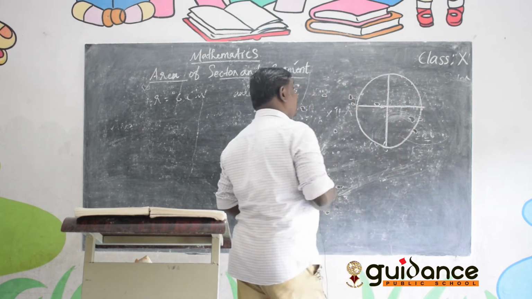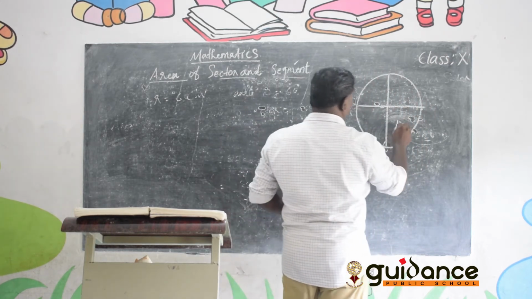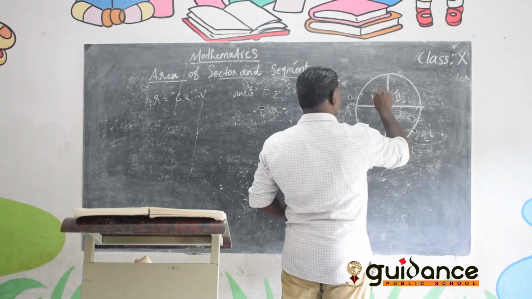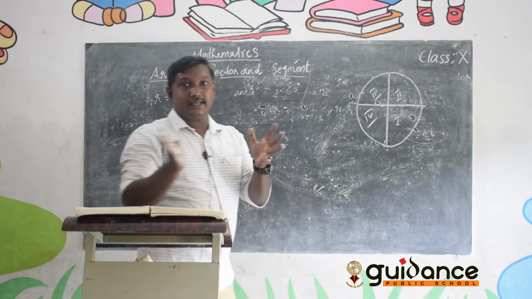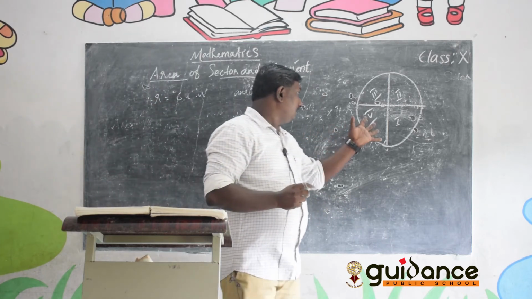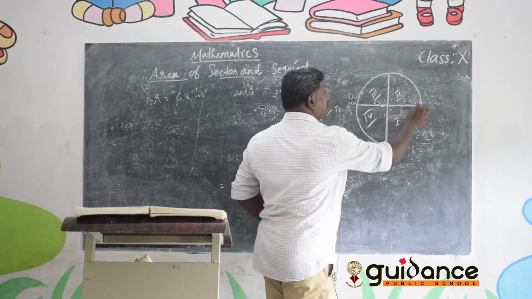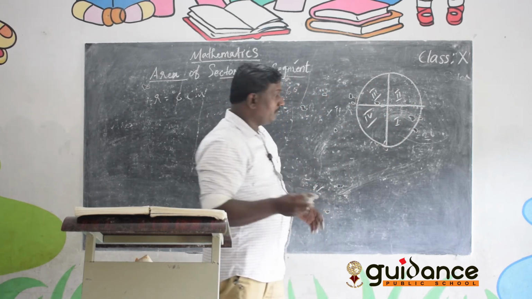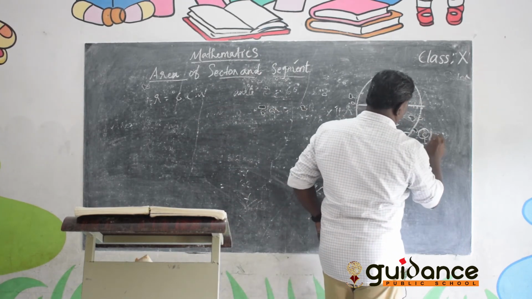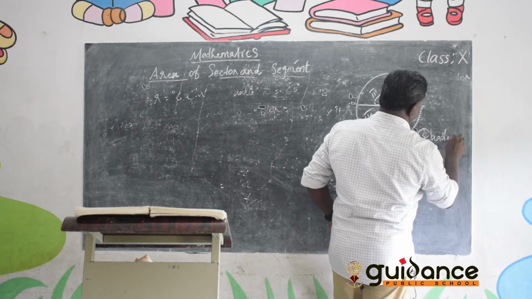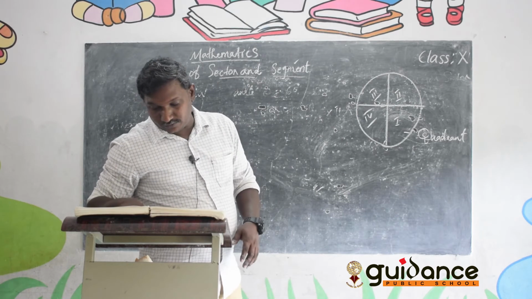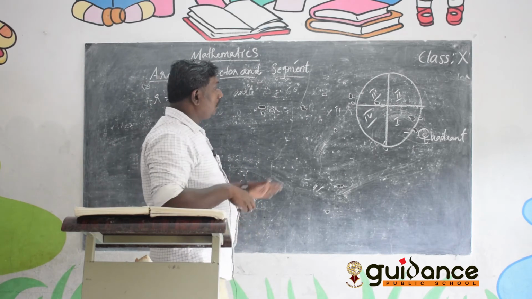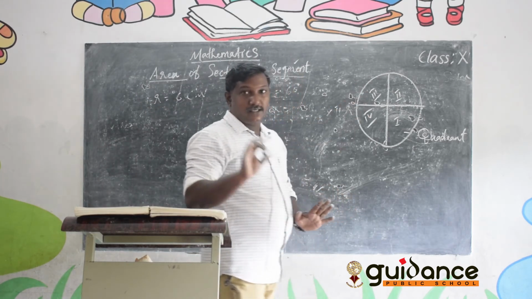This is 1, this is 2, this is 3, this is 4. We divide it quarterly, and one portion we can consider as a quadrant.